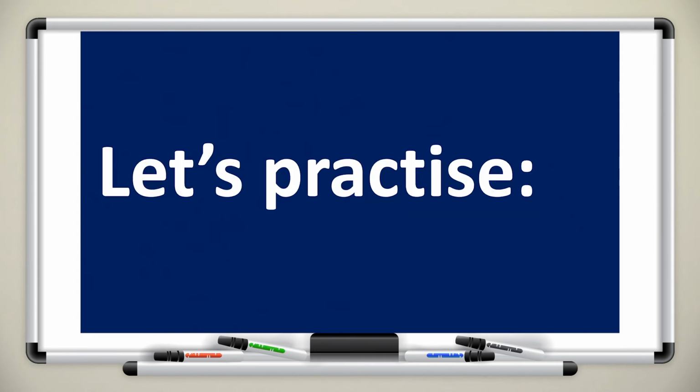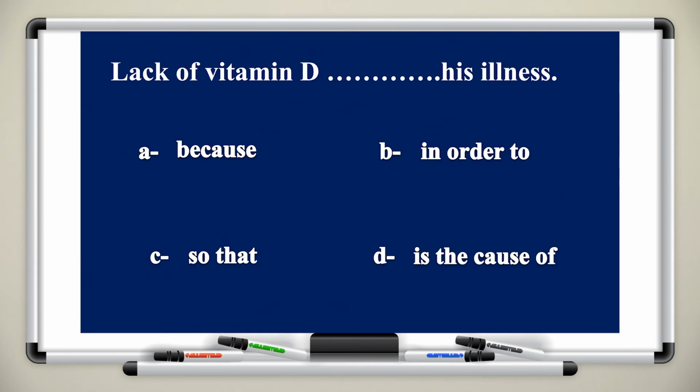Excellent. So let's get some practice then. Let's look at the first one. Lack of vitamin D, what illness? Because, in order to, so that, or is the cause of. Look at the sentence. Lack of vitamin D, an illness. Obviously, this is cause and effect, so we'll use is the cause of. So lack of vitamin D is the cause of illness.